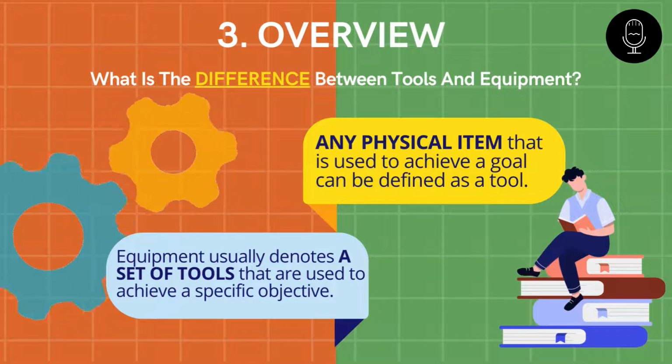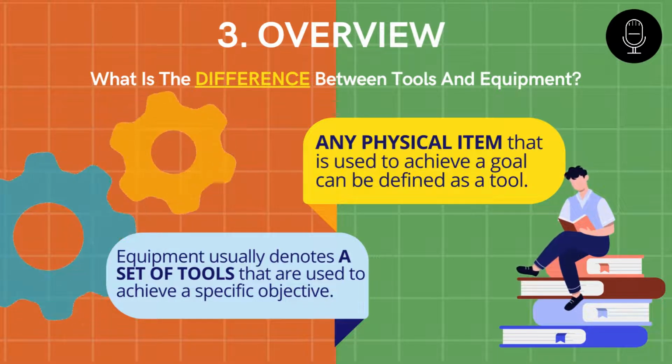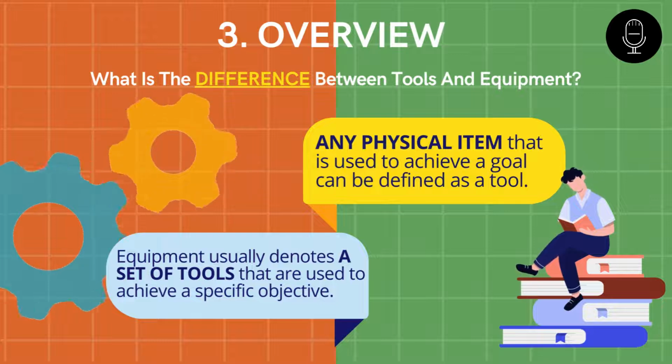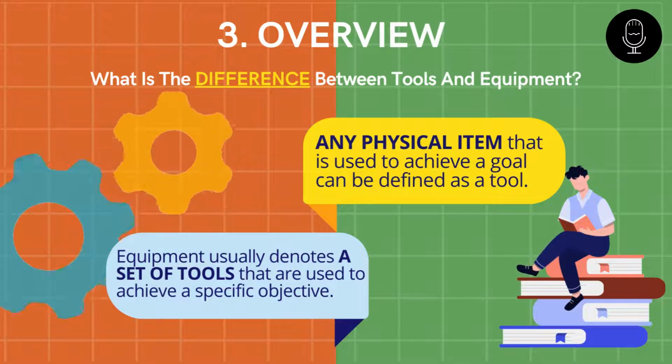Any physical item that is used to achieve a goal can be defined as a tool. Informally speaking, it can also be used to describe a specific procedure with a specific purpose as well. Tools are often also referred to as machines, apparatus, implements, instruments, or utensils.